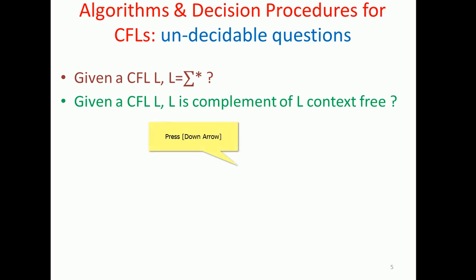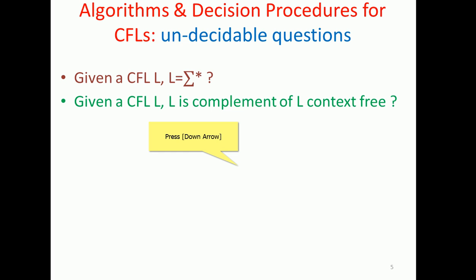So given a context free language L, is the complement of L context free? If L is a context free grammar language and you take the complement of that language, is that also context free?